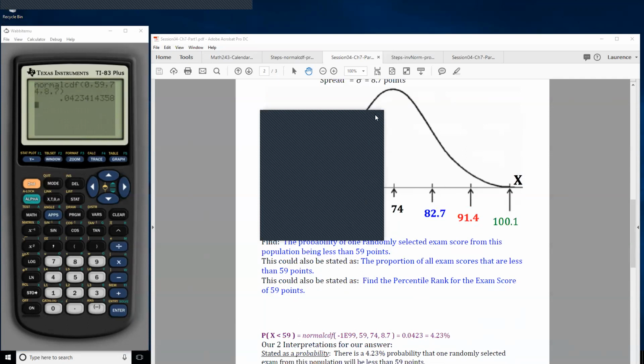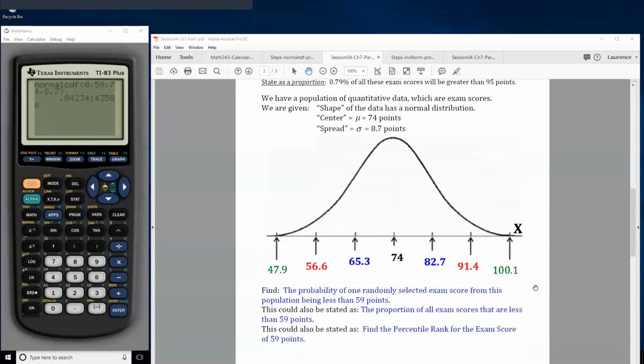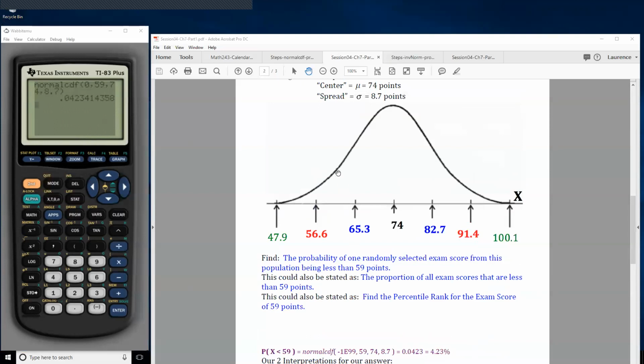So we'll go ahead. Now, I'll also notice that anytime you find the area to the left of a point, that tells you the percentage of the population that's below it. And that is its percentile rank. Because remember what percentiles are.